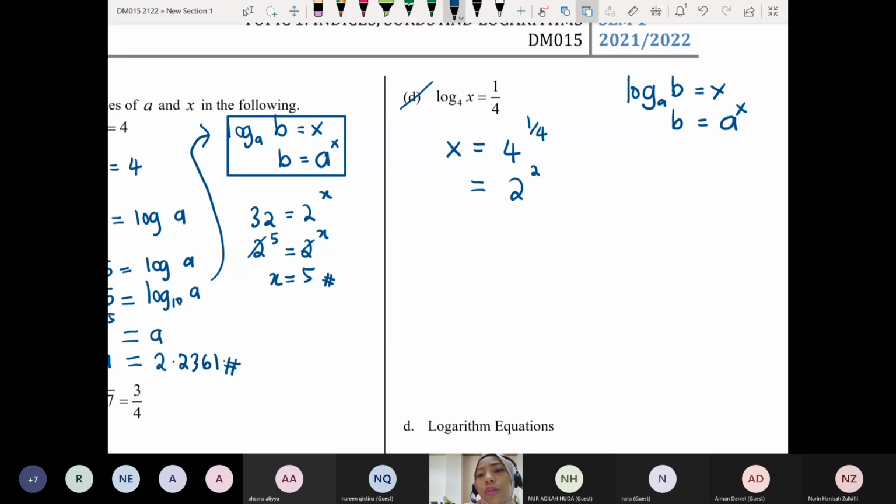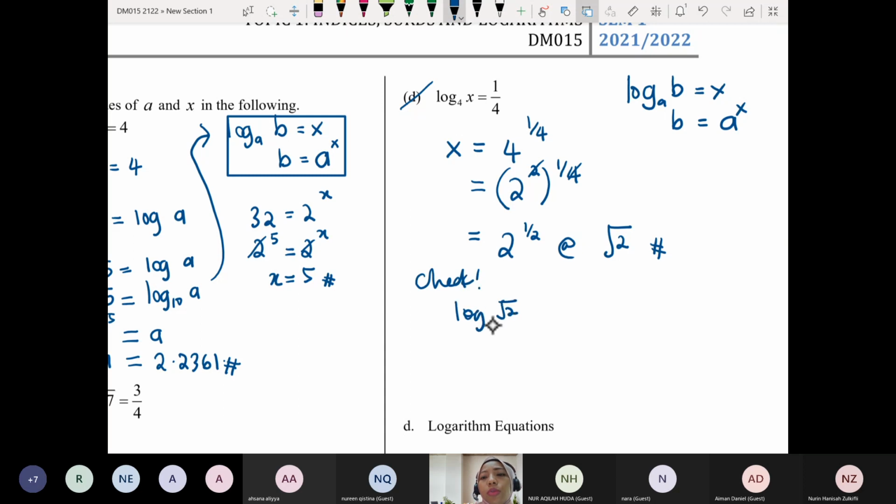2 to the power of 2. Okay, 4 adalah 2 to the power of 2. Okay. So cikgu boleh buat 2 cancel out 2, 2^(1/2), ataupun square root 2. Okay, how are you going to check your answer whether it is correct or not? Cubalah tekan log square root 2 base 4.